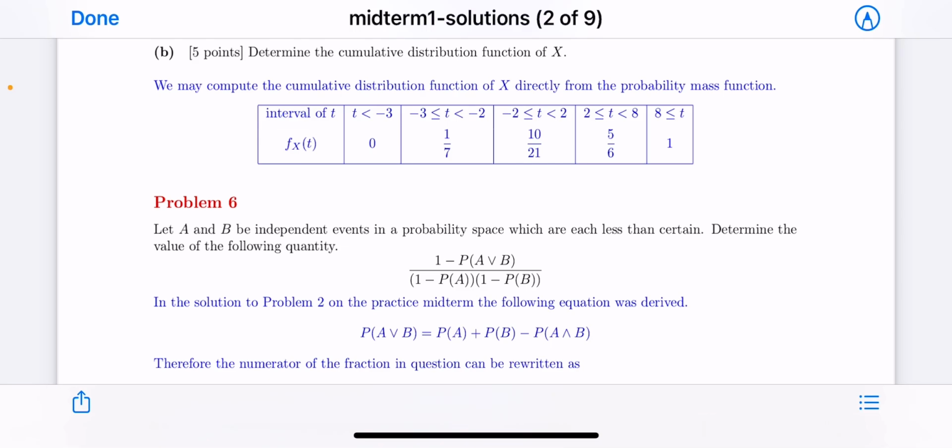So if we ignore the question writer's paranoia about division by 0, then we can see all we really have here is that A and B are independent events in a probability space. So we're asked to determine the value of this weird-looking expression.